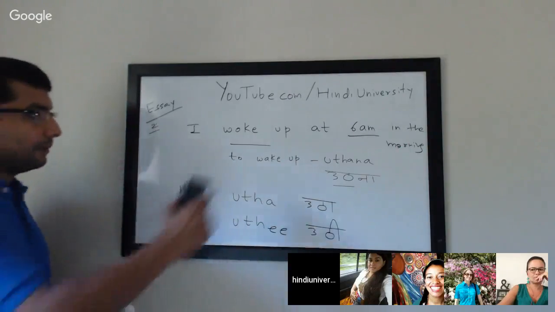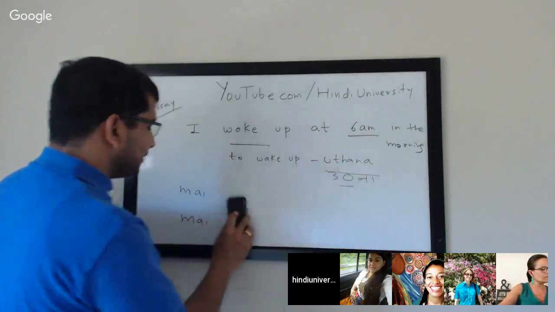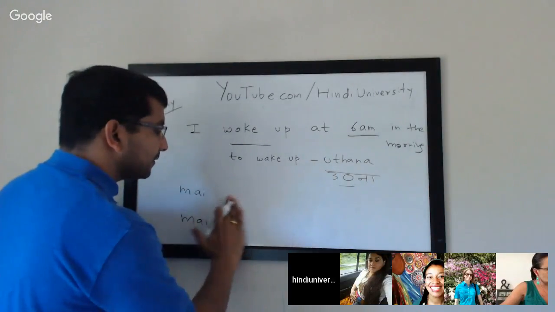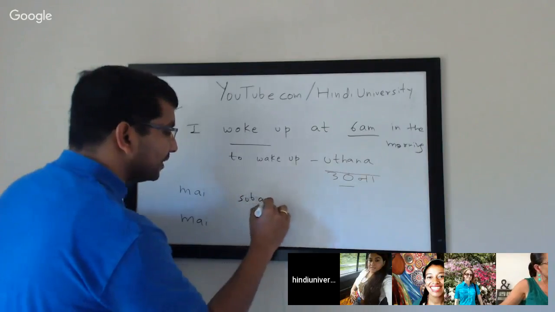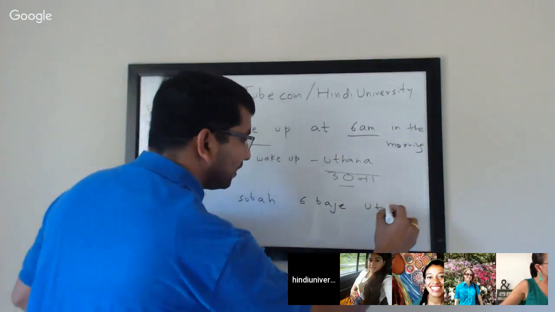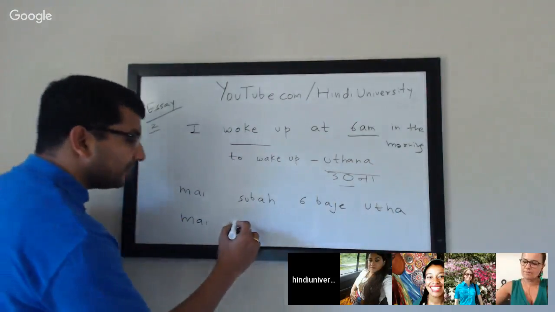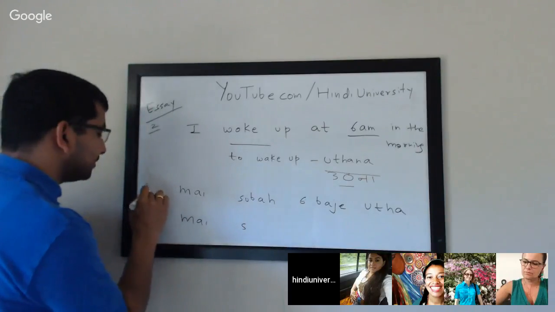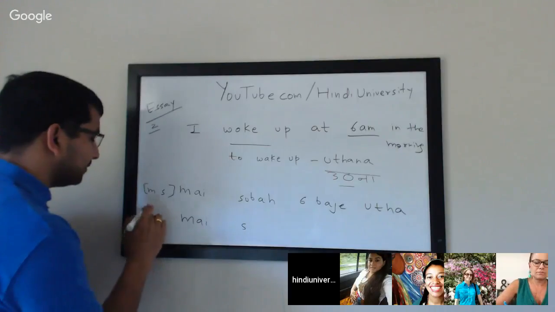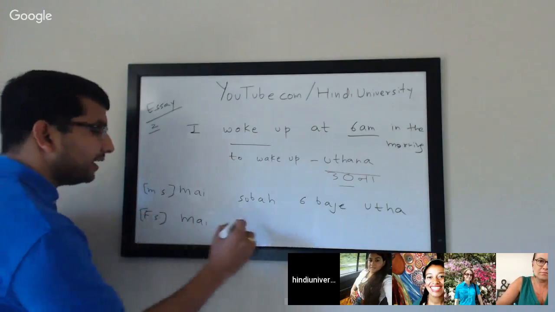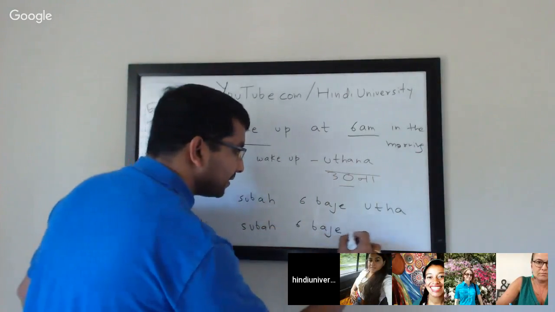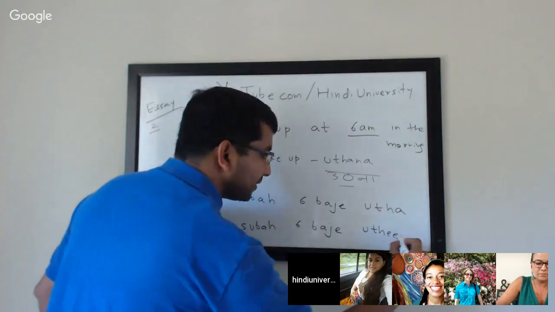Now, because we have other things in the sentence, you will say मैं सुबह 6 बजे उठा, and for Yilan it would be, so this is masculine singular and this is feminine singular, मैं सुबह 6 बजे उठी.